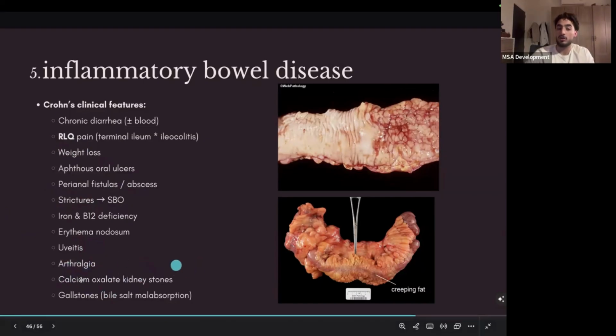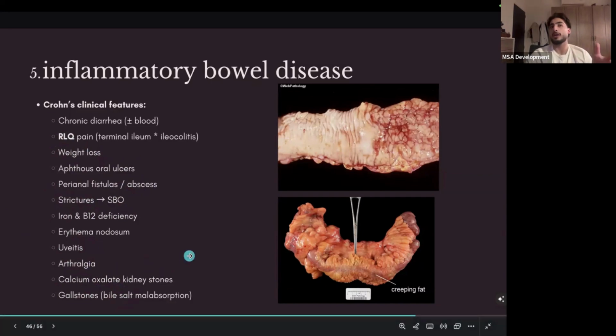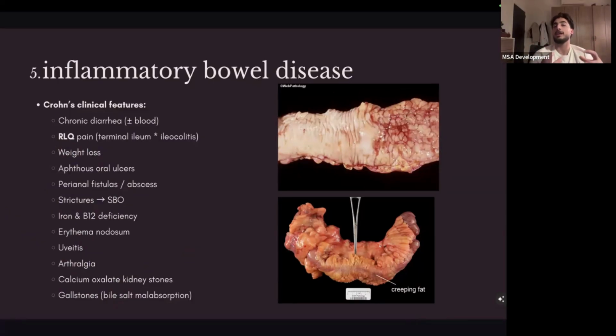So it's either calcium oxalate or gallstones. And the reason why this happens is because, well, first let's talk about the calcium oxalate. When you get fat malabsorption, the calcium can actually stick to the fat, okay? Usually what happens is that calcium and oxalate, both of them are absorbed separately and then they combine, and that's how they're able to become excreted in the urine. Okay, but if you get oxalate alone, that's not attached to any calcium, then it could predispose to calcium oxalate kidney stones.